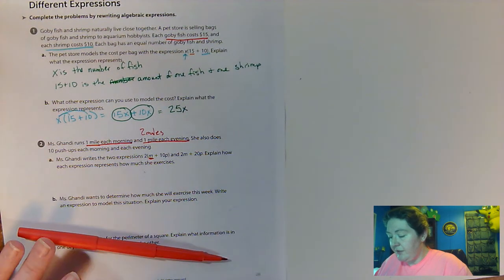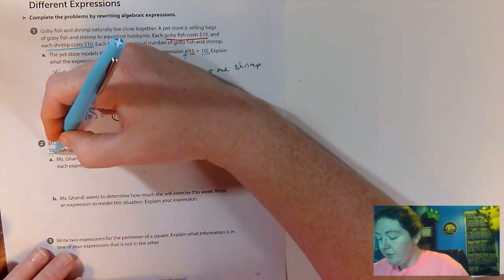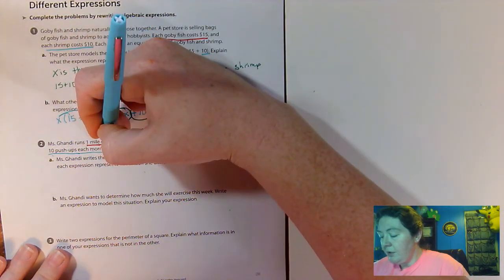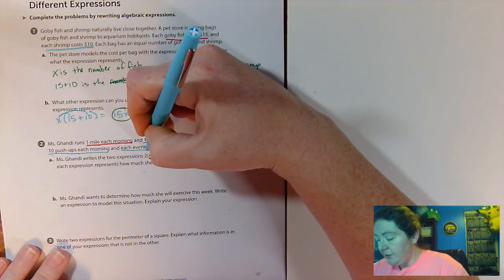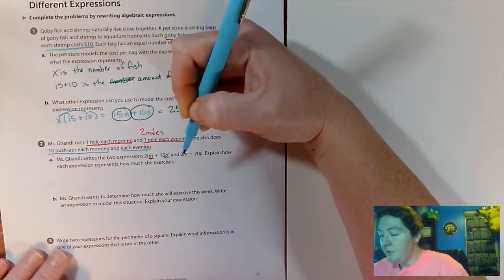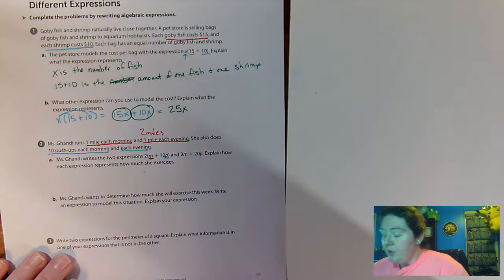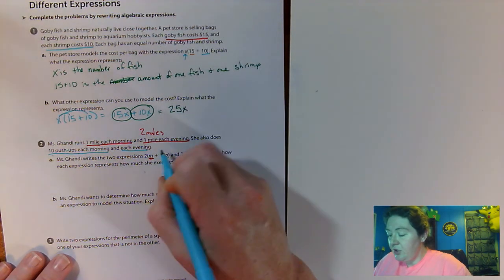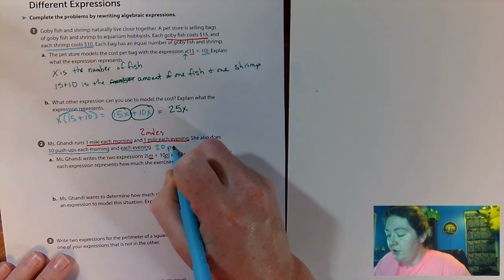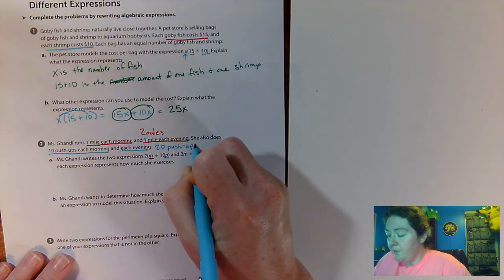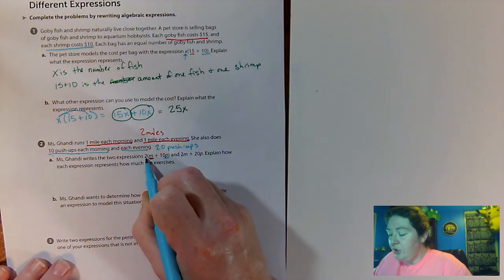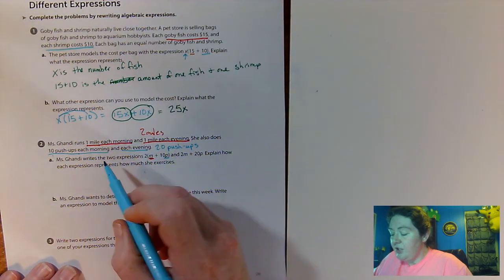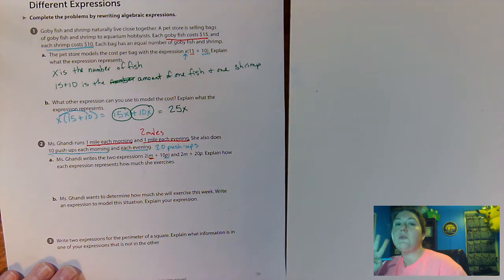She does 10 push-ups in the morning and 10 in the evening. We're going to use P for push-ups. Kind of makes sense, right? So how many push-ups does she do a day? She does 20 push-ups.